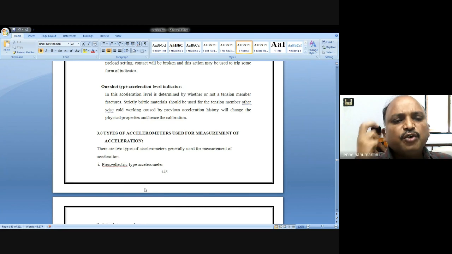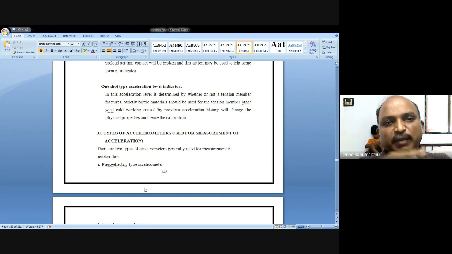So, how do you realize that piezoelectric transducer? There are two plates, plate 1 and plate 2. In between there is a crystal, a piezoelectric crystal, a special type of crystal. It is a natural crystal, maybe Rochelle salt or quartz. Of course, in industry we also use man-made crystals.